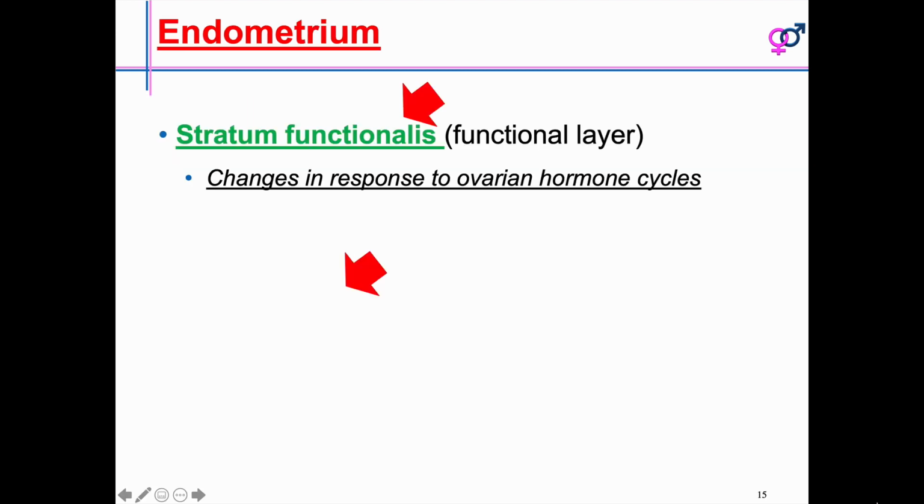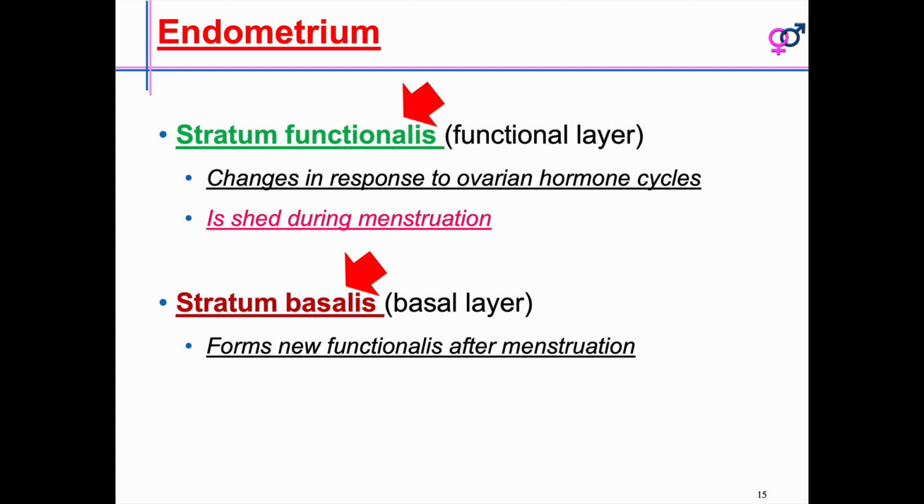Okay, so the stratum functionalis. Stratum is the endometrial cells, the outer epithelial cells that change in response to the ovarian hormone cycle and are shed during menstruation.